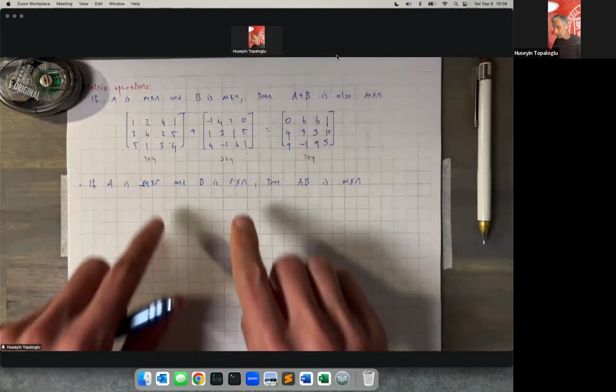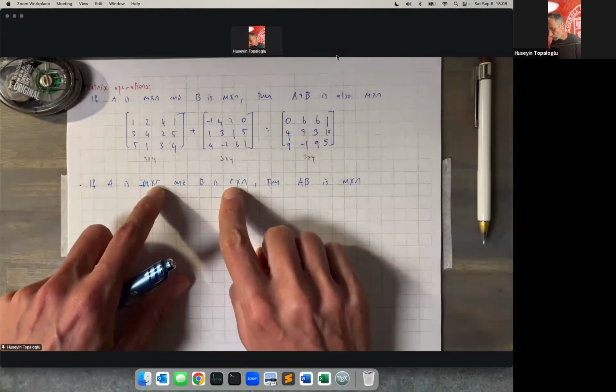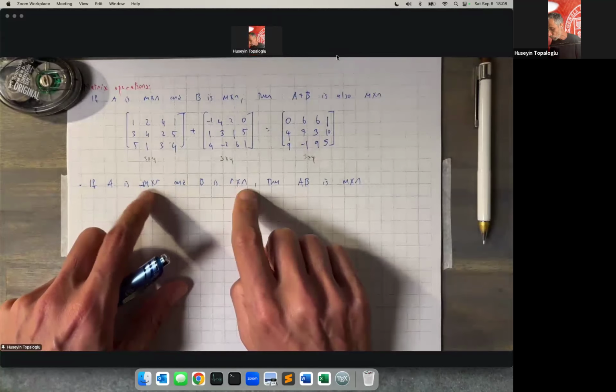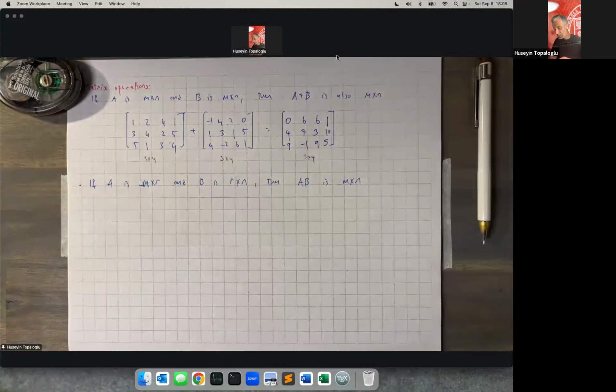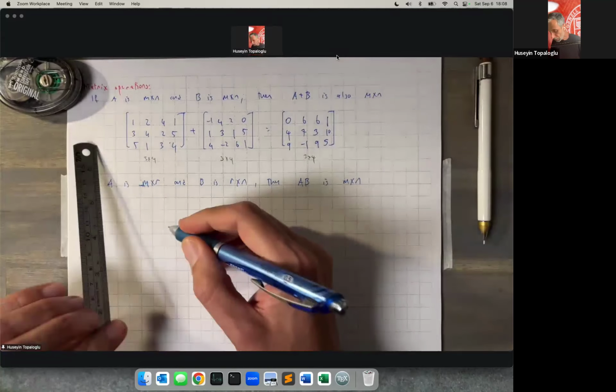I can multiply two matrices when their inner dimension matches. When I multiply the two matrices, I obtain a new matrix whose dimension is equal to the outer dimensions, if you like. And let's remind ourselves how the matrix multiplication works.